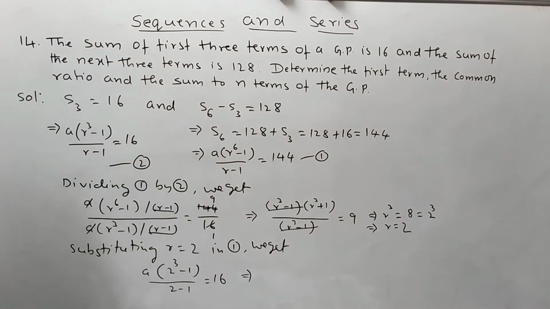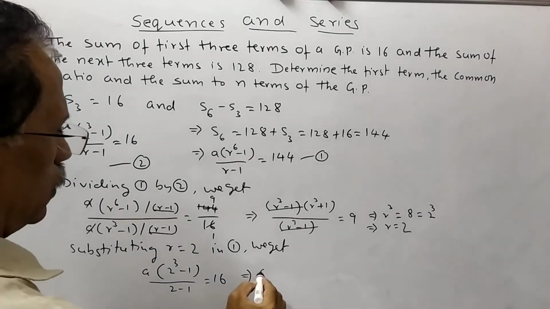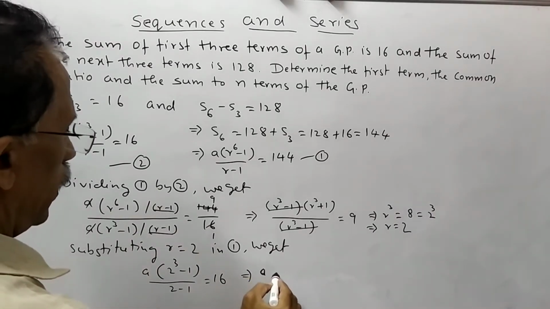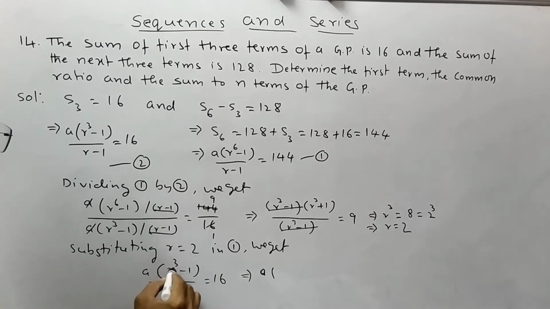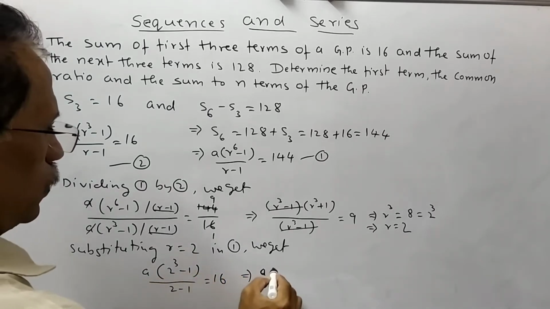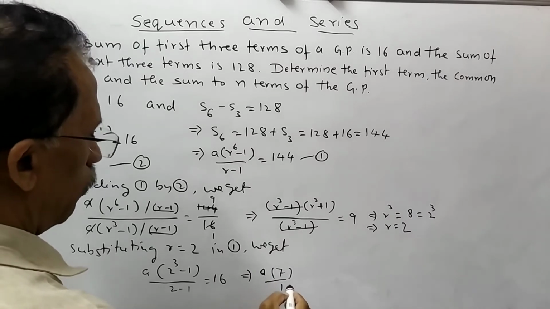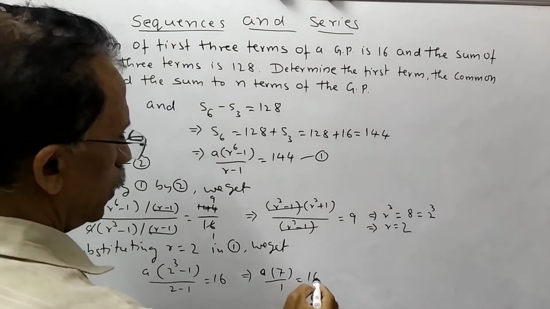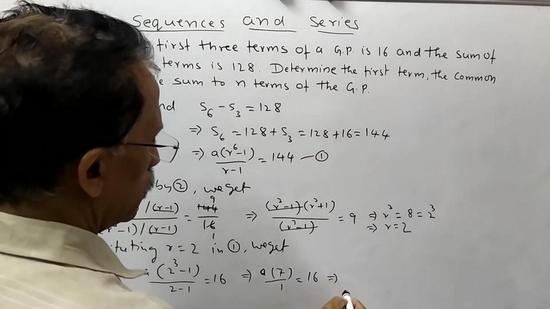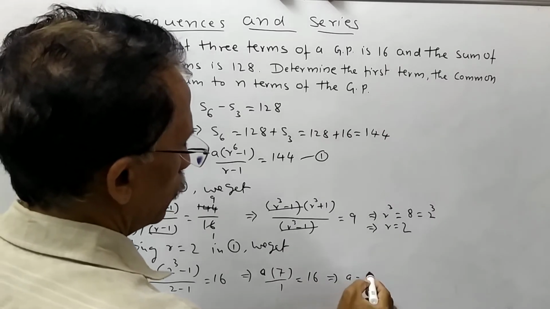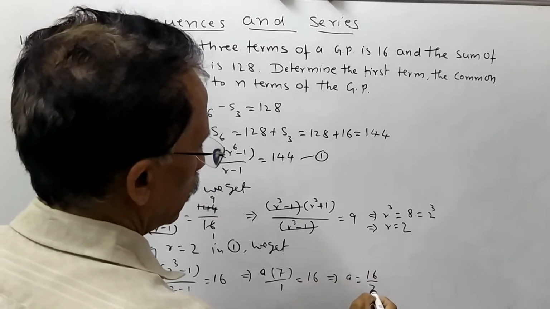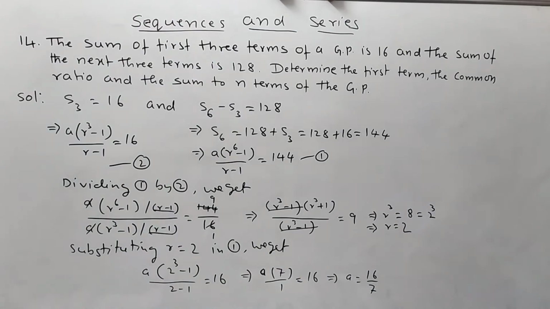This implies A into 7 divided by 1 is equal to 16. This implies A is equal to 16 by 7.